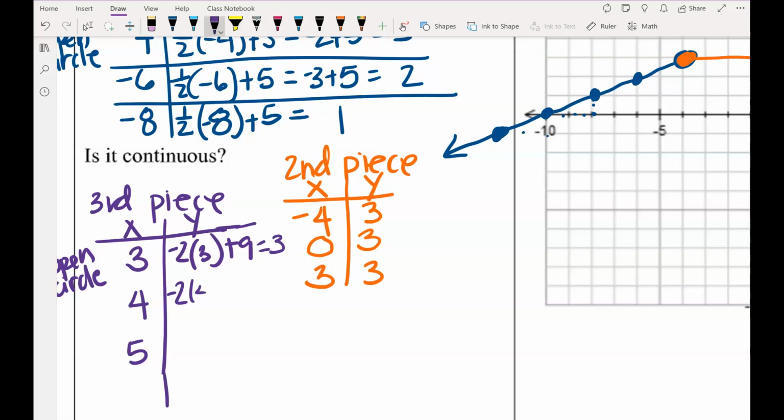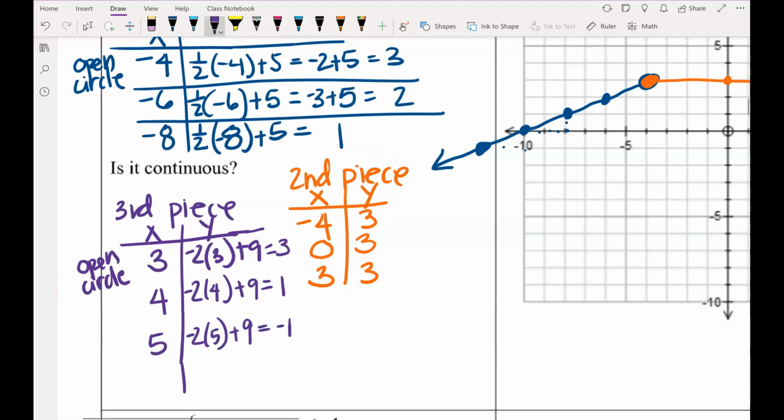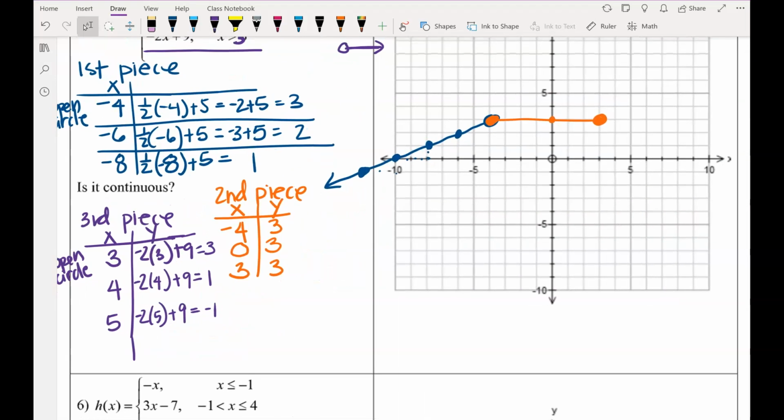And next, we are going to plug in 4. All right. -2 times 4 is -8 plus 9 is 1. -2 times 5, students, is -10. -10 plus 9 is going to be -1. So we are going to sketch that out. So we are going to say, okay, 3, up 3, open circle.